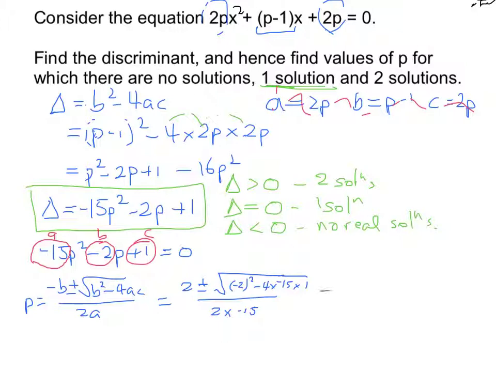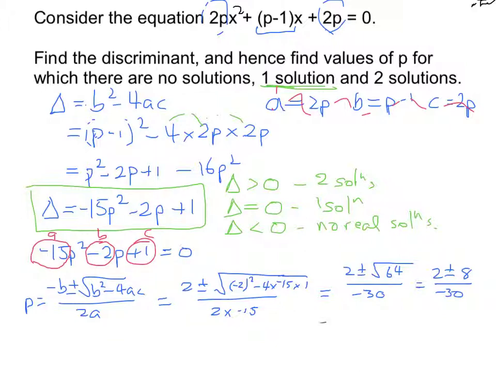Now if I simplify that square root, 2 squared is 4, negative times negatives are positive, so 4 times 15 is 60, times 1 is still 60. So it's going to be equal to 2 plus or minus the square root of 64, all over negative 30. The square root of 64 is 8, so it's equal to 2 plus or minus 8 over negative 30. So we'll then get two answers for that.